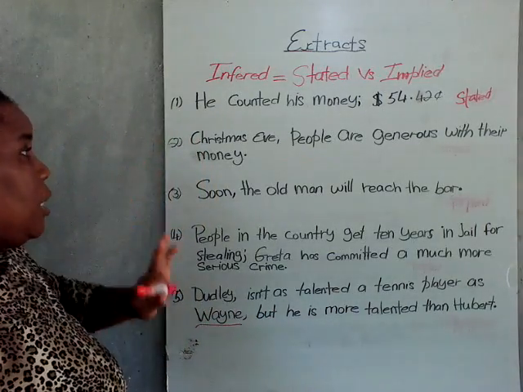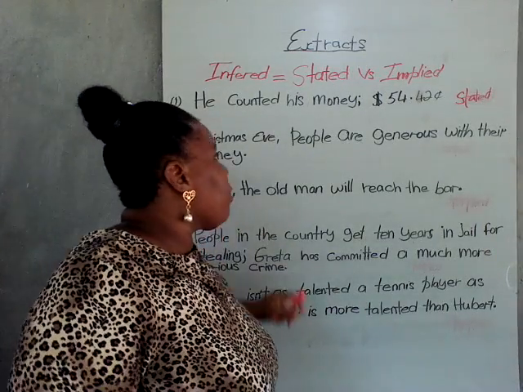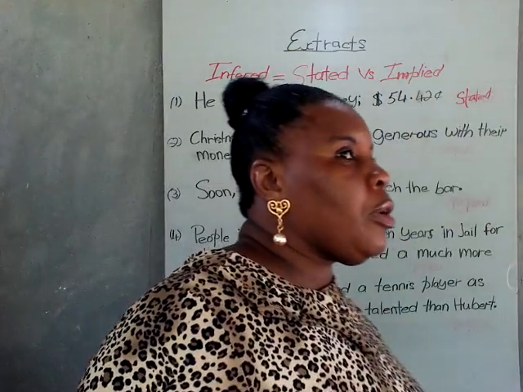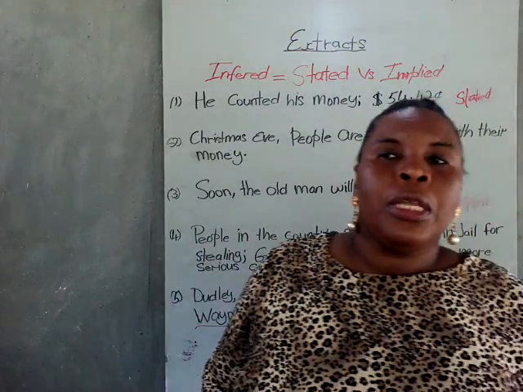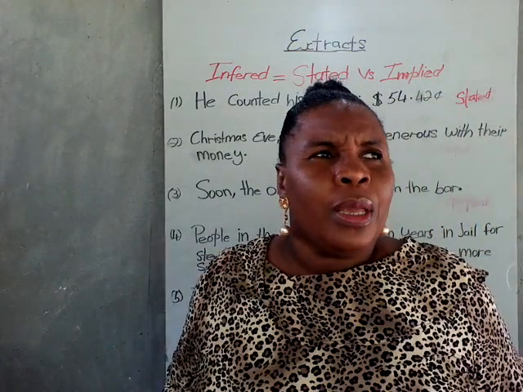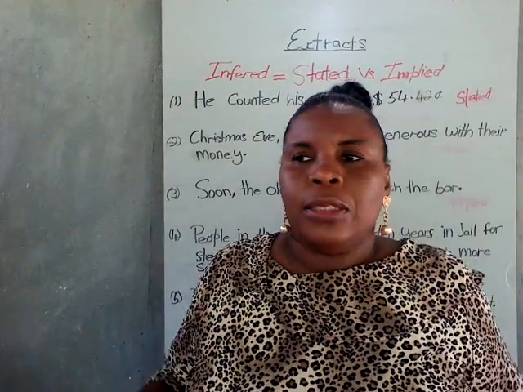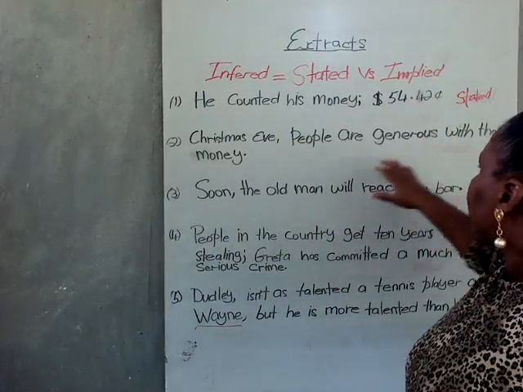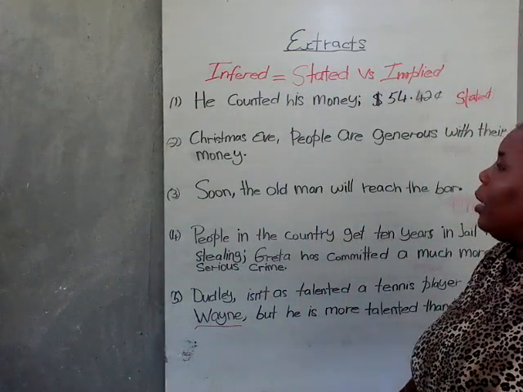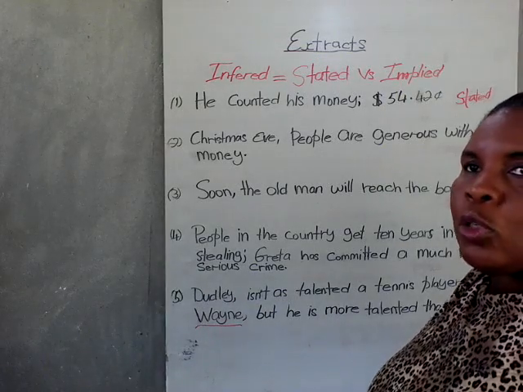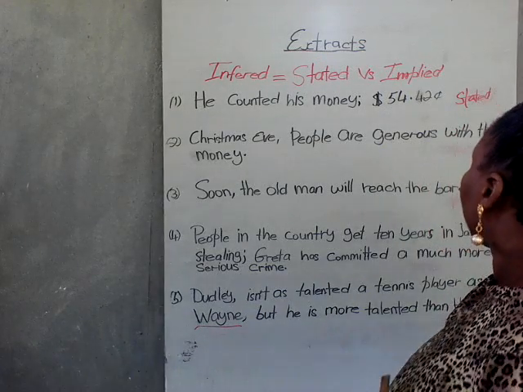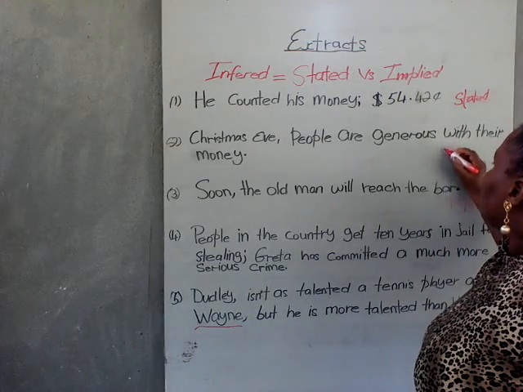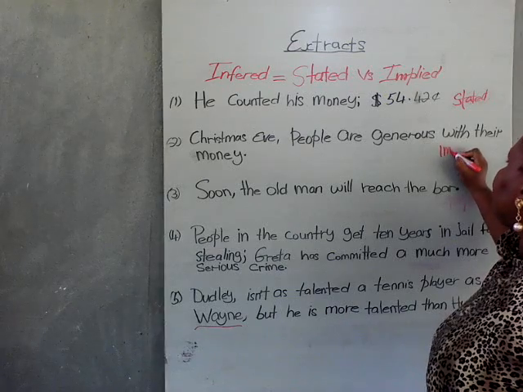So it said Christmas Eve, people are generous with their money. But if a person doesn't have any money, well, he's generalizing this statement. And not everybody has money to give at Christmas time. Right? So this would be implied.